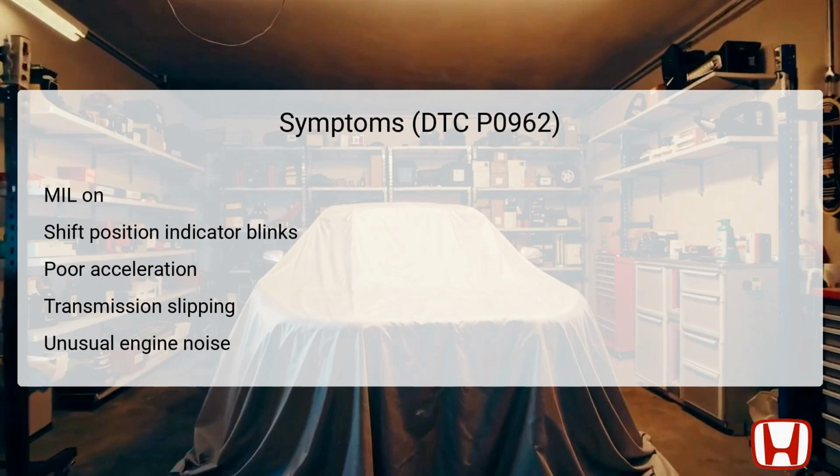Furthermore, drivers may experience poor acceleration as the CVT struggles to function correctly, which may also result in transmission slipping. This could lead to unusual sounds from the engine compartment as it tries to compensate for the lack of proper hydraulic pressure. Collectively, these symptoms can seriously affect the driving experience and highlight the importance of timely diagnostics.